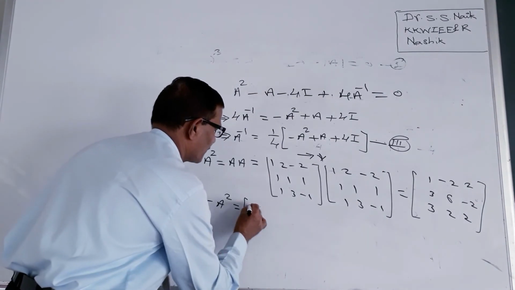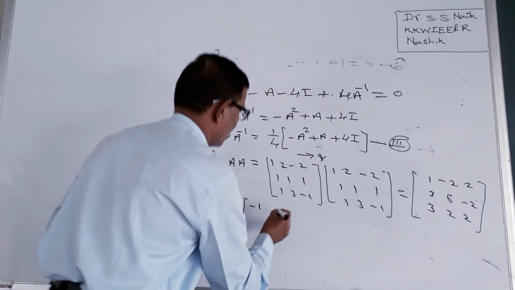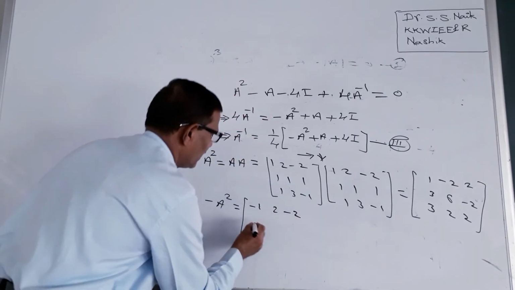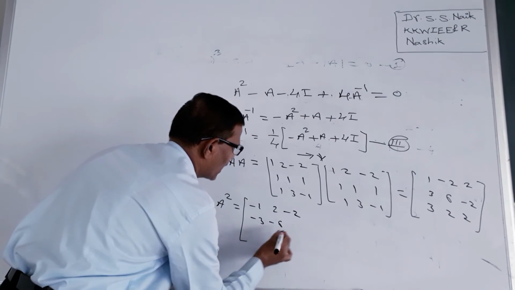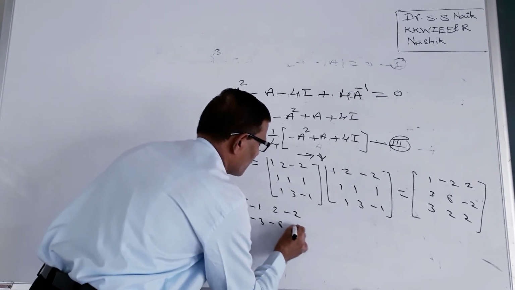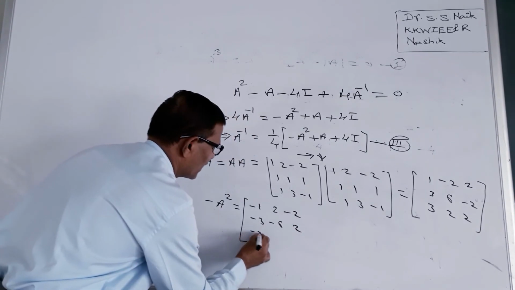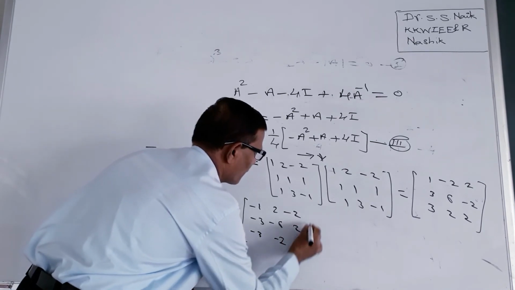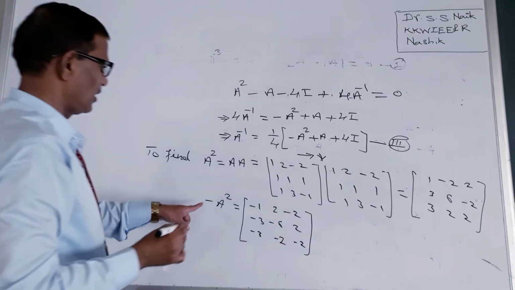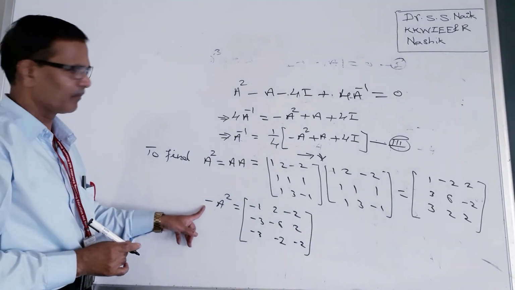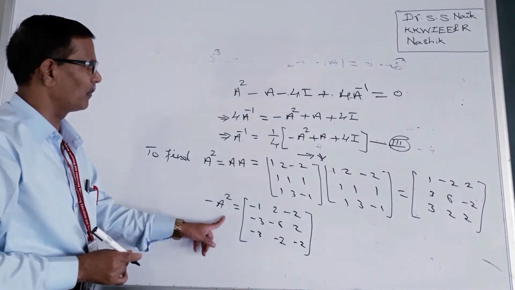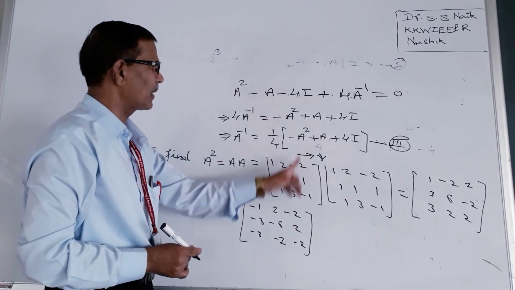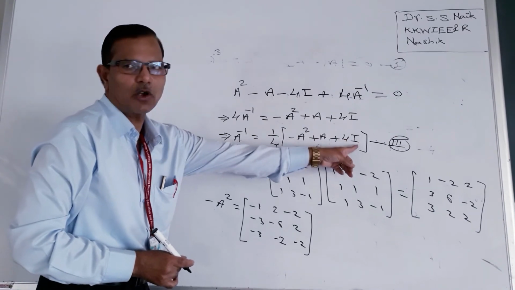Minus A square is minus 1, 2, minus 2, minus 3, minus 6, 2, and minus 3, minus 2, minus 2. This is minus A square. Minus A square is known to you now. That means I want to find minus A square plus A plus 4I.